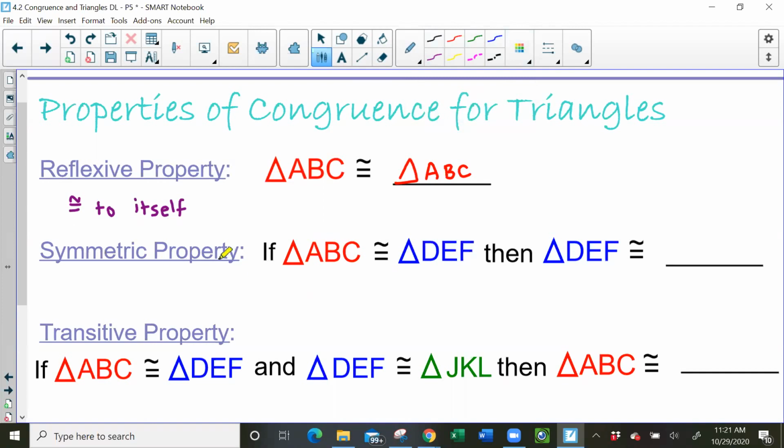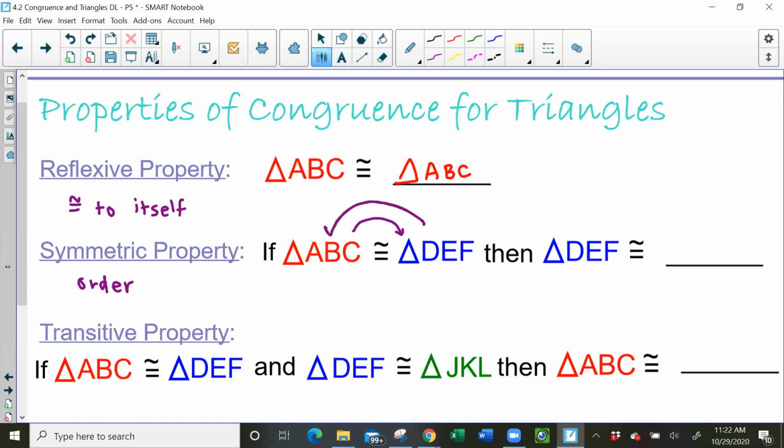The symmetric property deals with the order that things are listed. These words shouldn't be new to you. You've seen reflexive, symmetric, and transitive before, but we're now using this with triangle congruence. So here's what this is saying. If triangle ABC is congruent to triangle DEF, then we can do it in the reverse order.